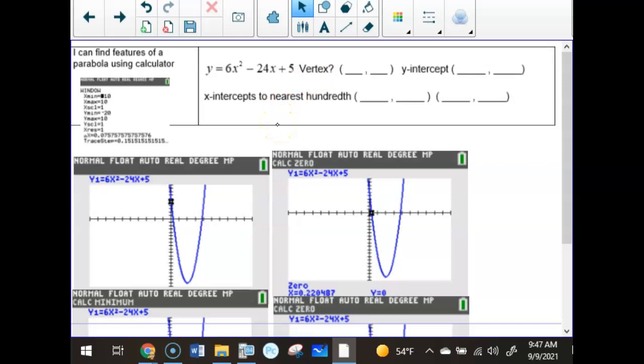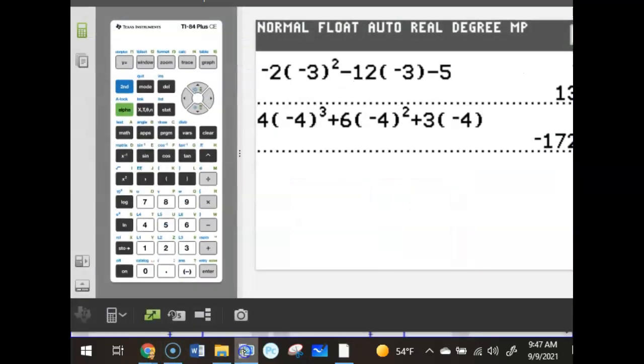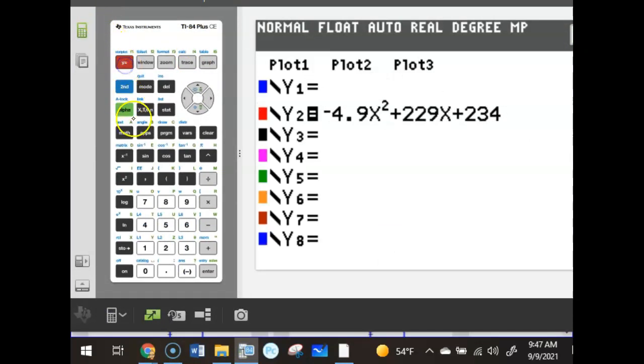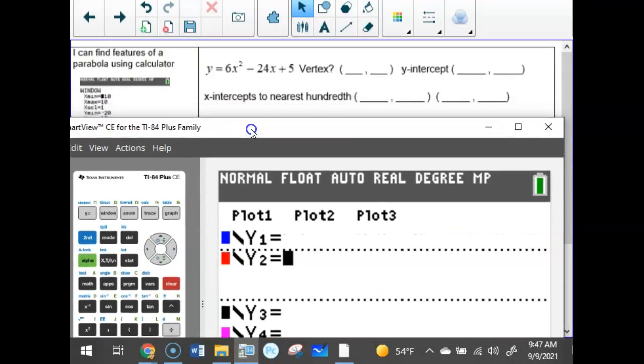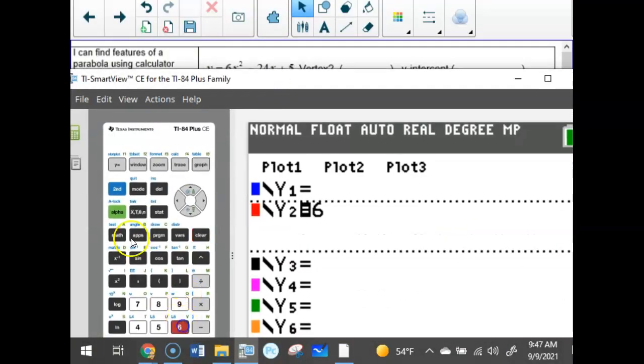What do you notice right away if you do a zoom 6? Yeah, you can't see the bottom.